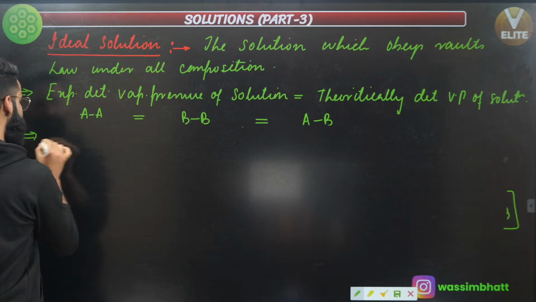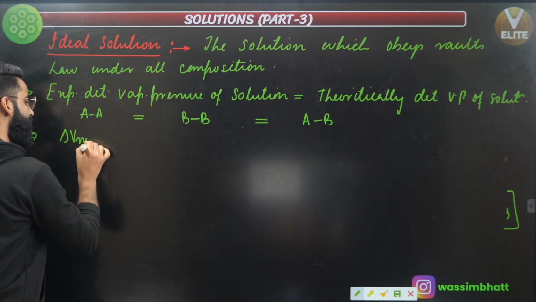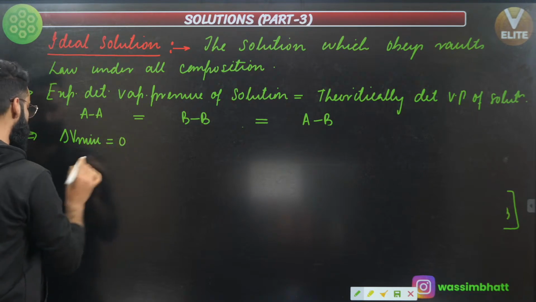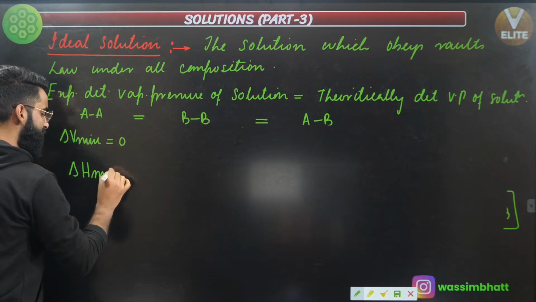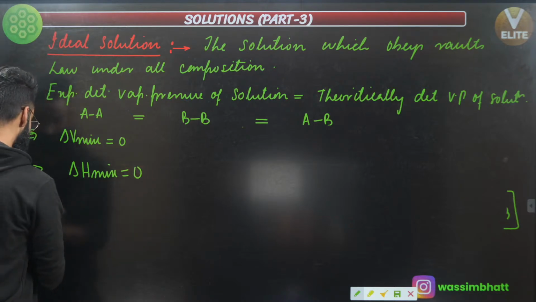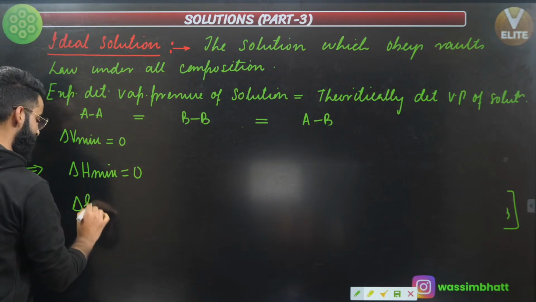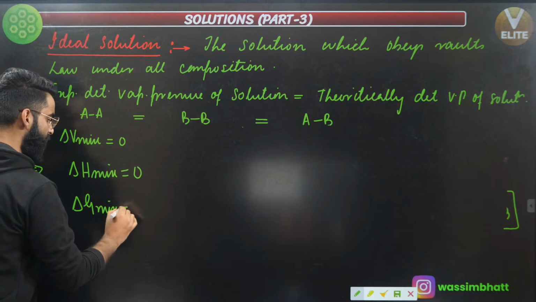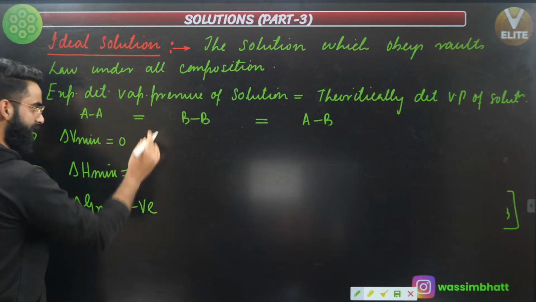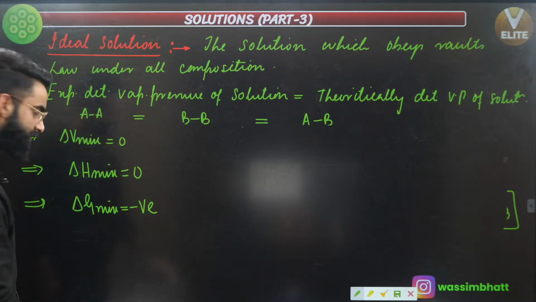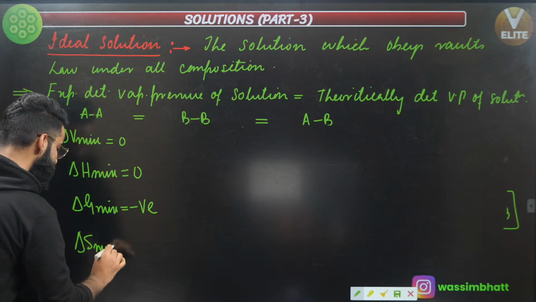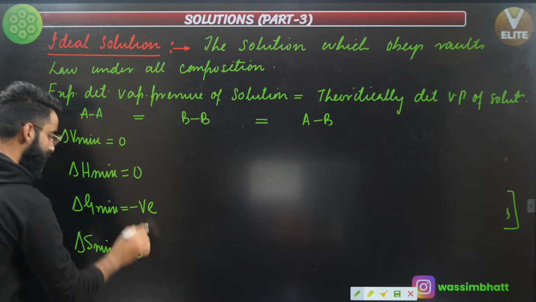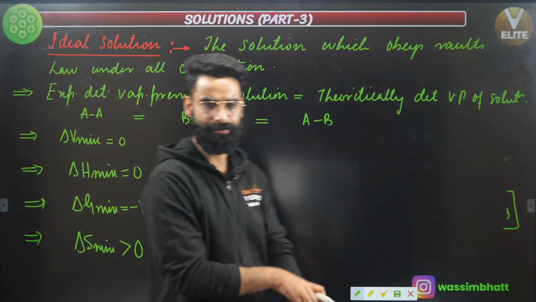The next point we discussed was that delta V mixing in case of ideal solution is equal to 0. Delta H mixing is also equal to 0, correct? And at the end, we saw that delta G mixing comes out to be negative for the ideal solutions. And we also saw that delta S mixing of the system comes out to be greater than 0 in case of ideal solutions.